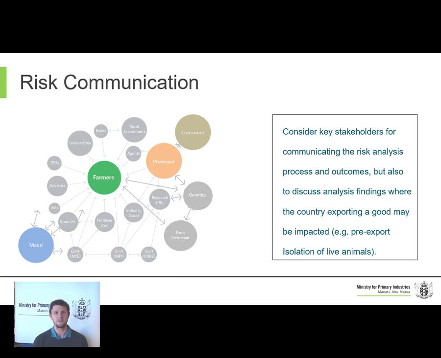Farmers, or orchardists, are normally always the first groups or individuals who are most impacted by decisions that have been made around implementing risk management options.